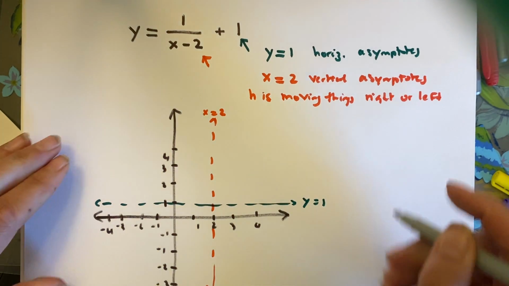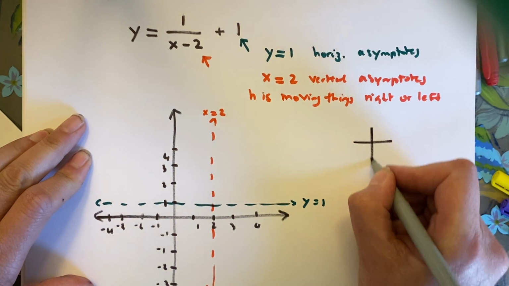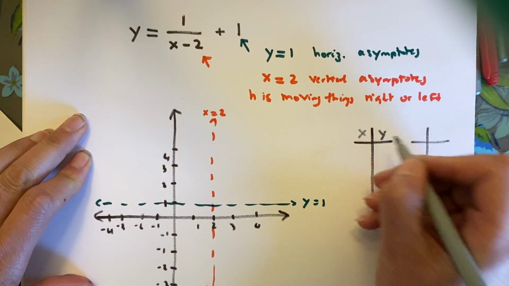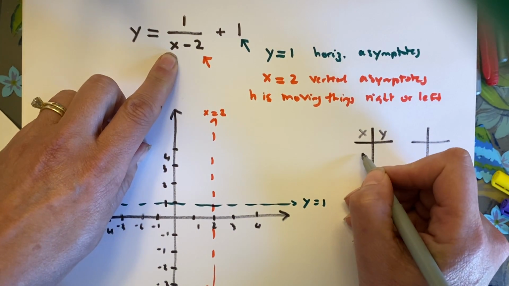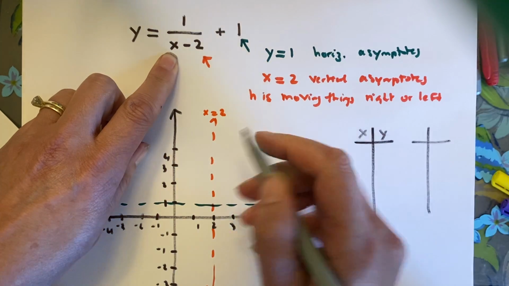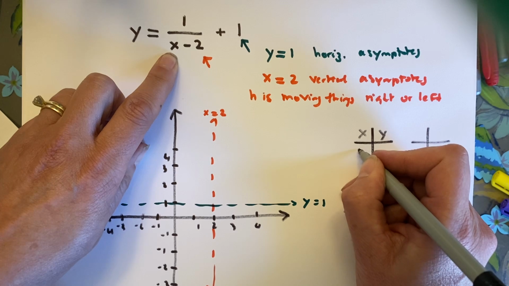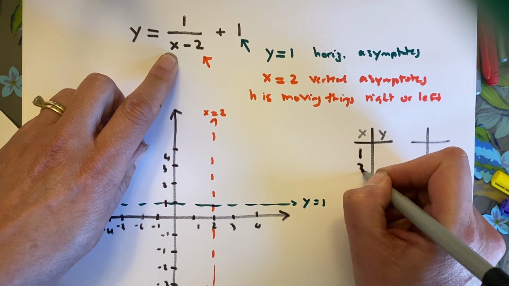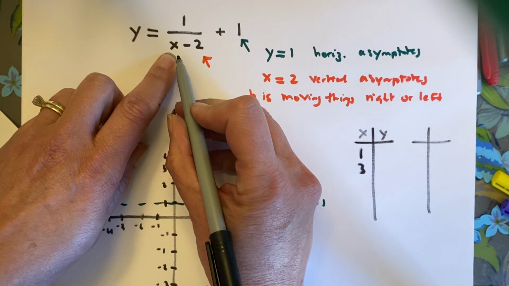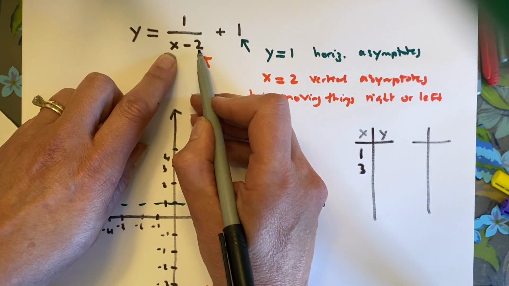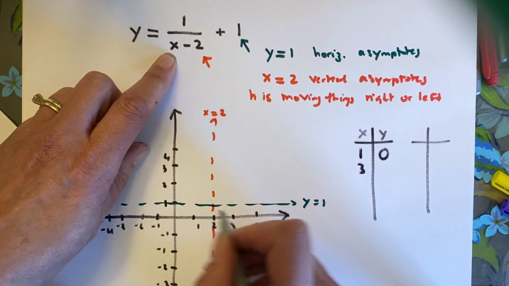Let's do our table. If x equals 2, oh, I can't use x equals 2 because that's my asymptote. So I'm going to try x equals 1 and x equals 3 and go from there. x equals 1, I get 1 over 1 minus 2, so -1 plus 1 is 0.